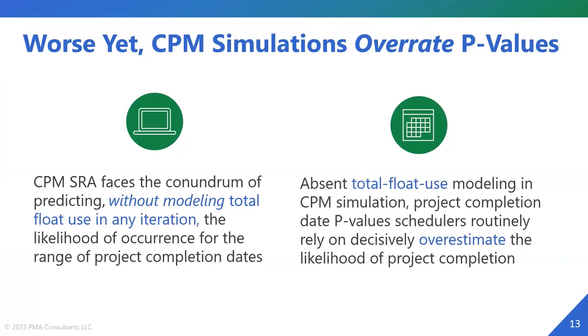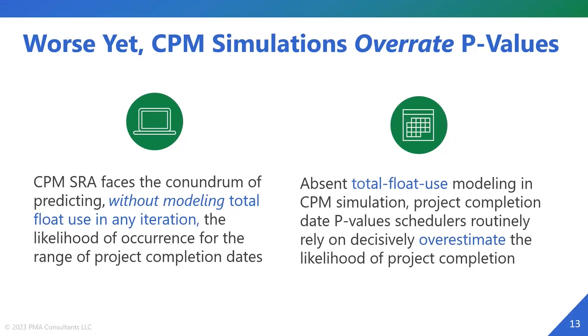But the picture is grimmer than that, because those probabilities were all based on a CPM simulation. That means in every iteration, no activity was ever floated from its early dates.